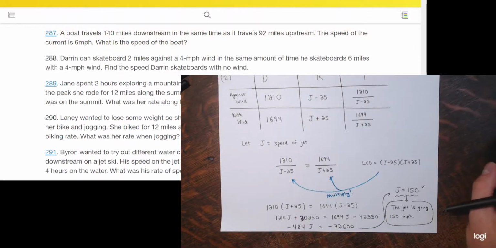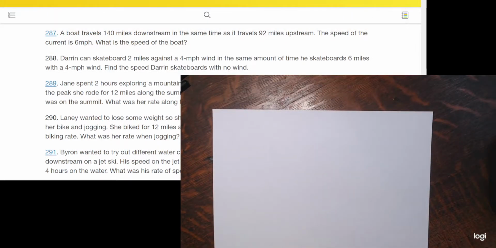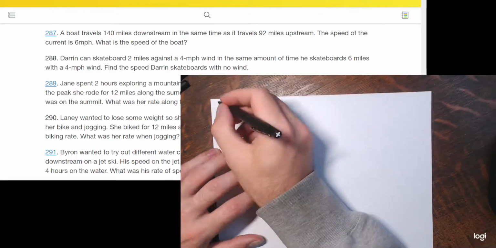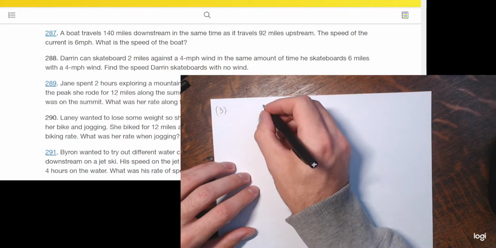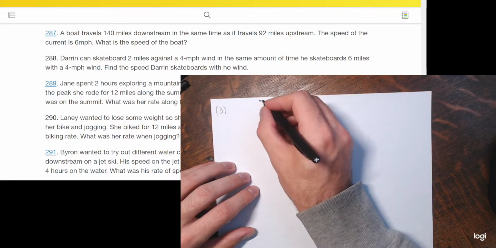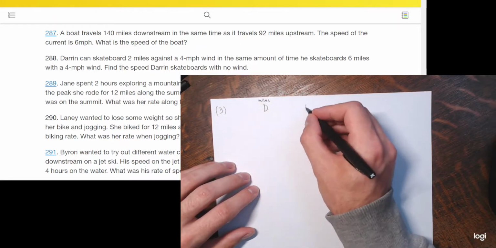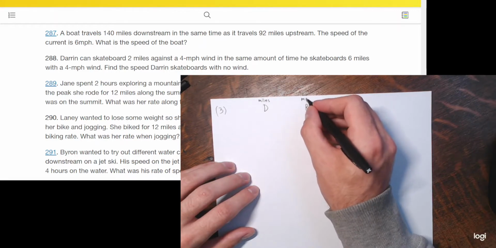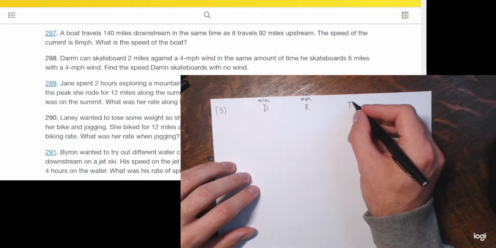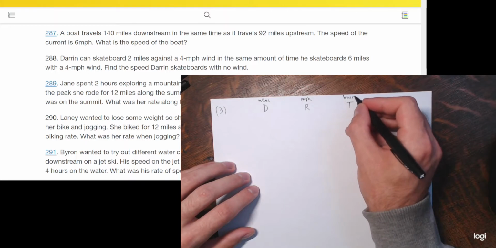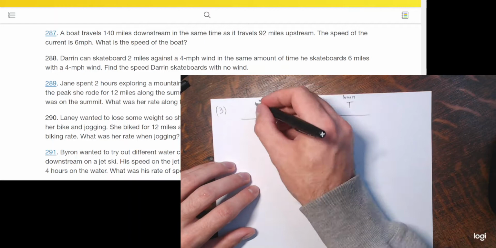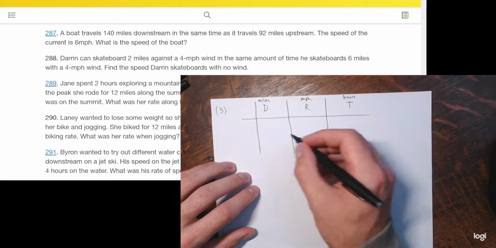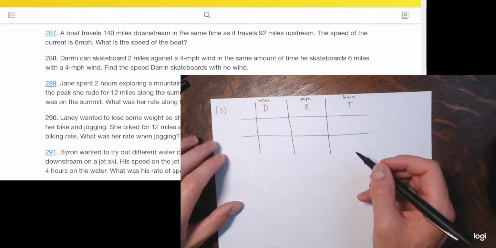Once again, I'm going to make the same chart. So example 3, this exercise 287. I'll make a distance in miles. The rates are again in miles per hour, and the times are again in hours. 3 columns. And I'm going to make 2 rows.